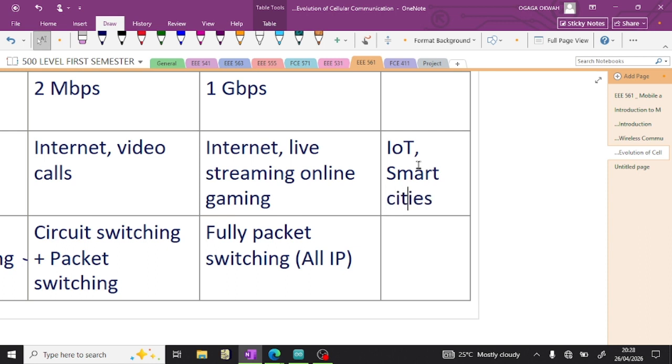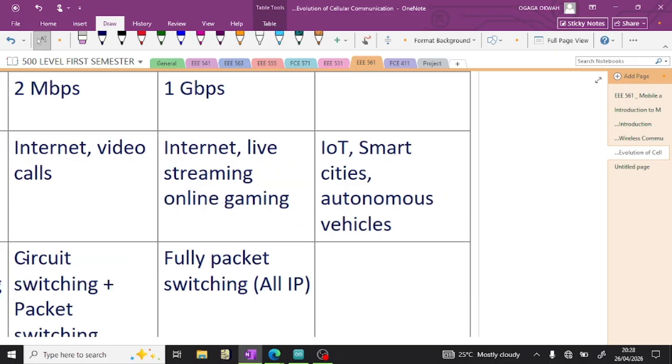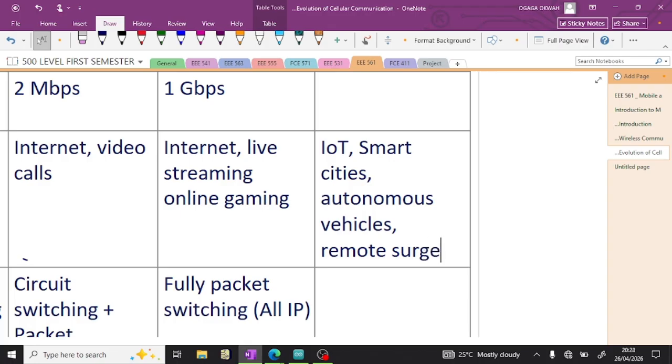So smart cities, let's even say autonomous vehicles. Then remote surgery, where a doctor will be at a different location and carry out surgery at another location.